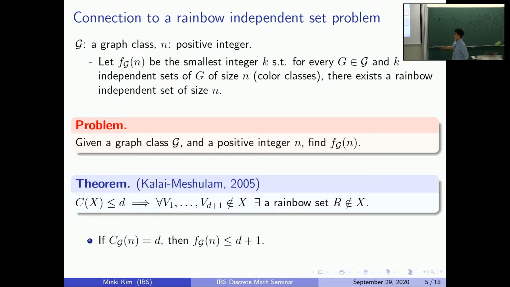No, this theorem itself is somewhat more general. Given any complex, we collect the d plus 1 sets that are not faces of X. Then there is a rainbow set that is not a face of X. So R is like, you take one element from each V_i, and the collection of them is not in X. But your color classes don't need to be disjoint or anything.